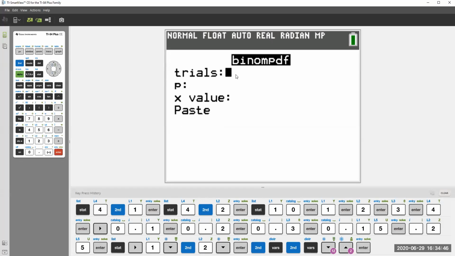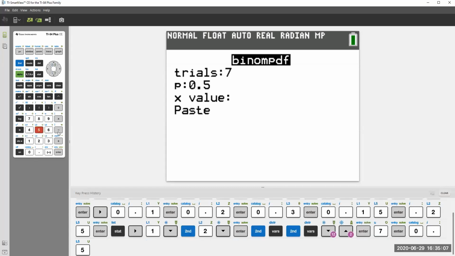And then I'm going to enter the number of trials. I'm going to toss the coin 7 times. So N is 7 trials. And then I'm going to enter P, the probability of success, not Q. What is the probability of a head or a tail? A head is 0.5, so 0.5. What about the number of successes?